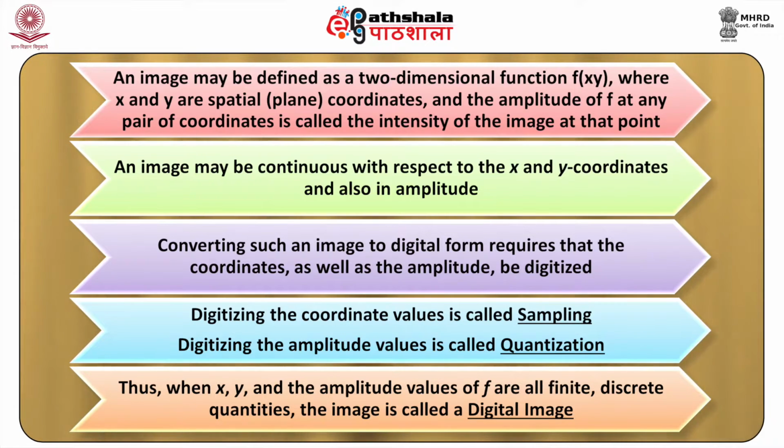Converting such an image to a digital form requires that the coordinates as well as the amplitude be digitized. Digitizing the coordinate values is called sampling. Digitizing the amplitude values is called quantization. Thus, when x and y and the amplitude values of f are all finite, discrete quantities, we call the image a digital image or a digitized image.